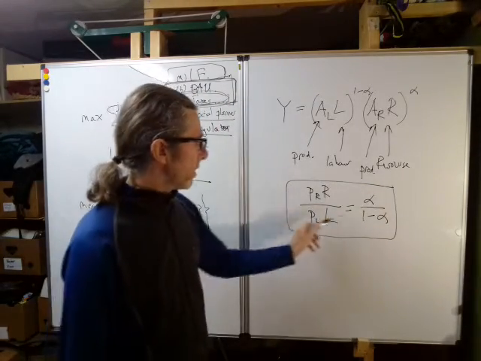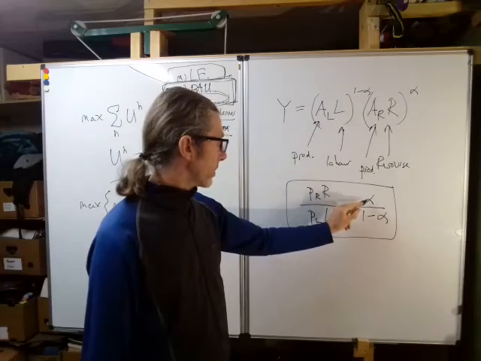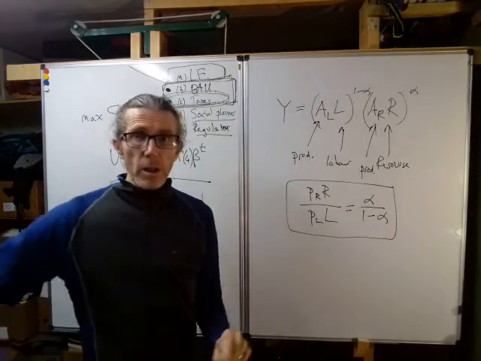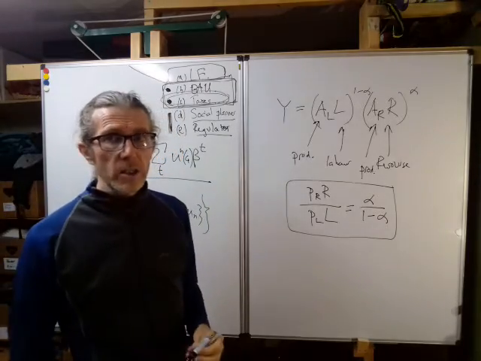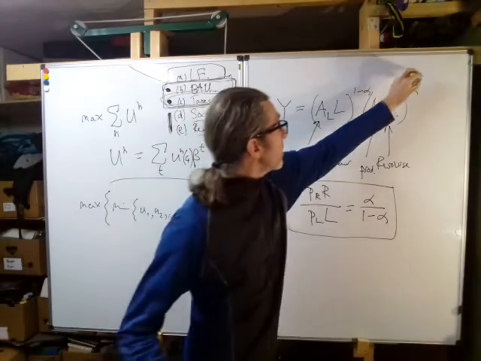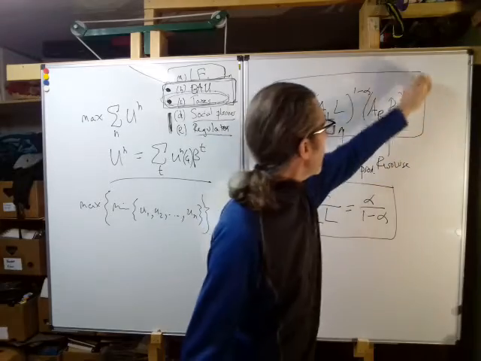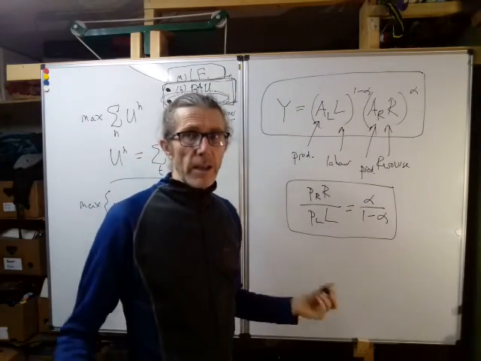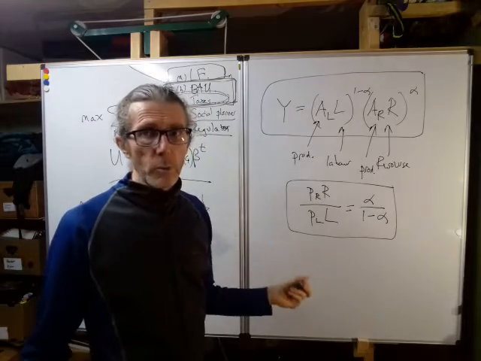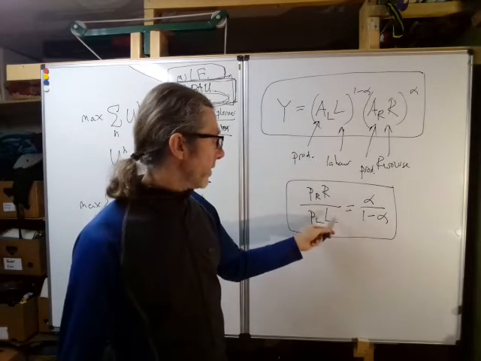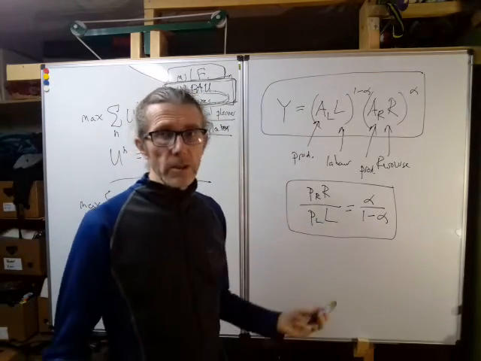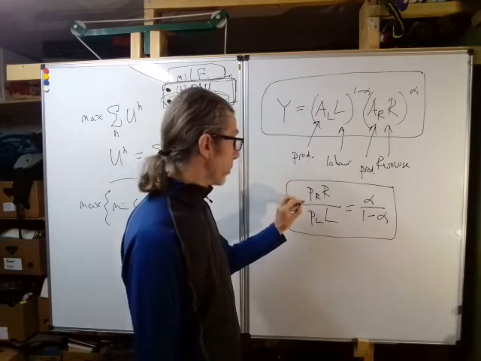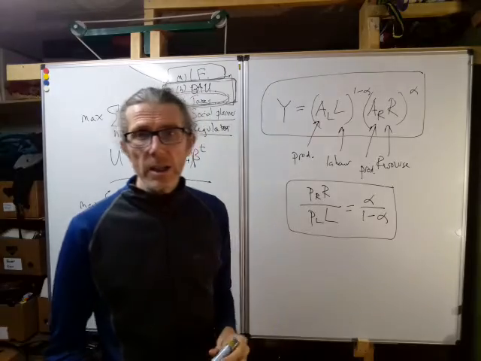So we spend the same amount on resources compared to what we spend on labor and capital over time. It doesn't change. That's a prediction of this. So say 5% of global product goes to resources, 95% to labor and capital. When we look at the data, we find that this is broadly true.